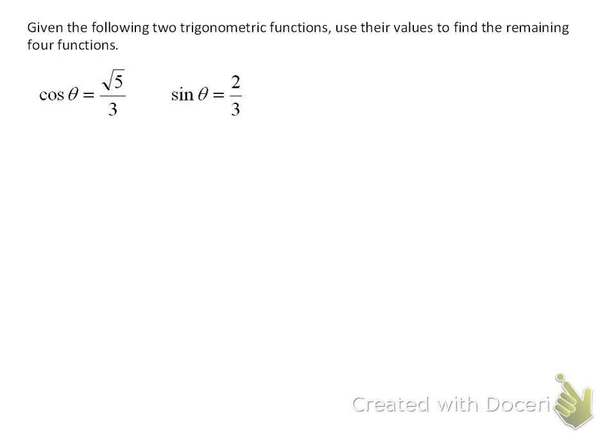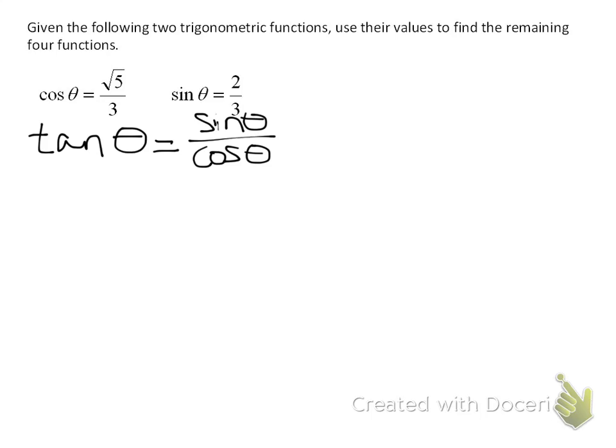And as we find the tangent of theta, we're going to use our quotient identity to help us. And the quotient identity tells me that the tangent of theta equals sine theta over cosine theta.